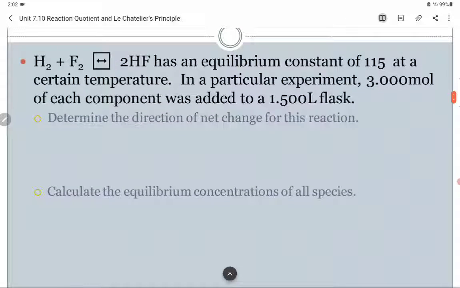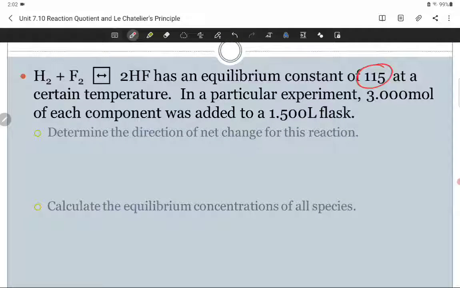Okay, so we have another equilibrium reaction. We have an equilibrium constant of 115. We have 3 moles in a 1.5 liter. That's going to give us 3 divided by 1.5, which is 2 molar of everything. So we could compare a Q with the K of 115.